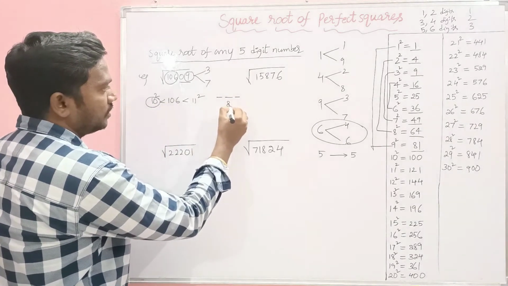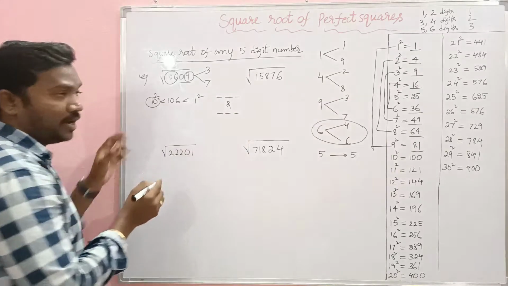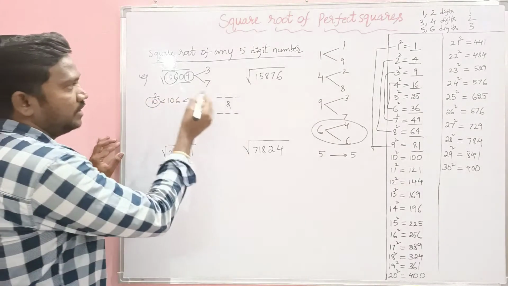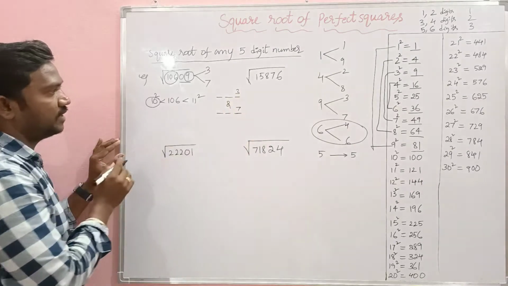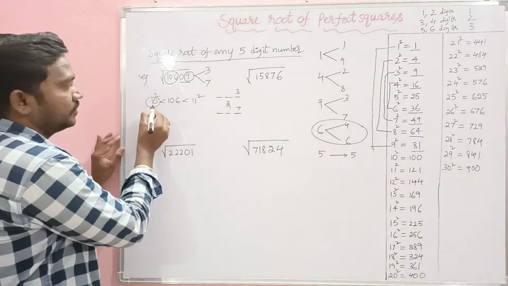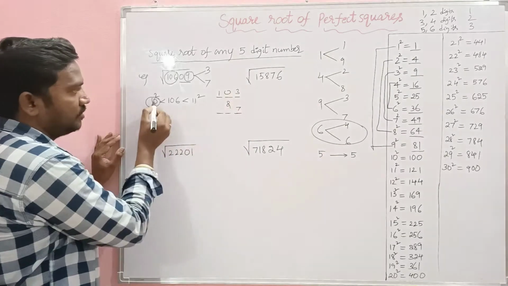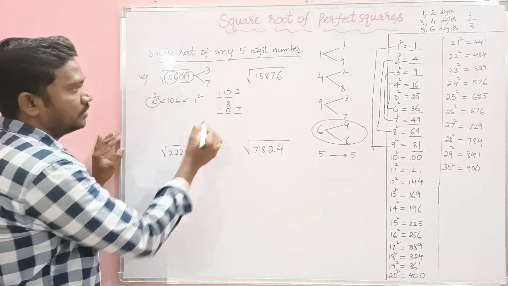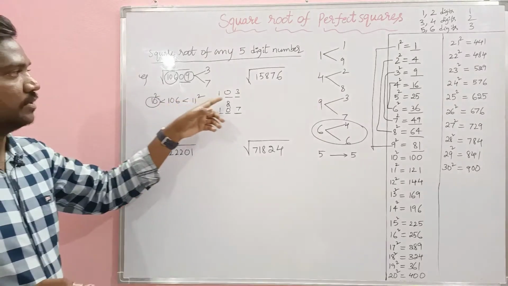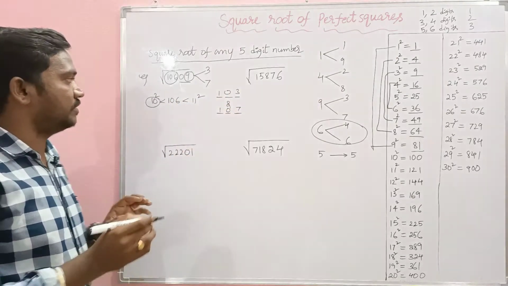So our answer is a 3-digit number. Here we already have the units place either 3 or 7. Now we take the smallest number, 10. So our answer is 103 or 107.